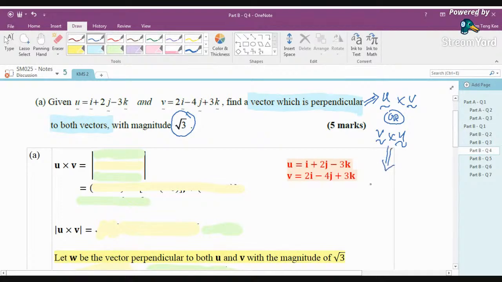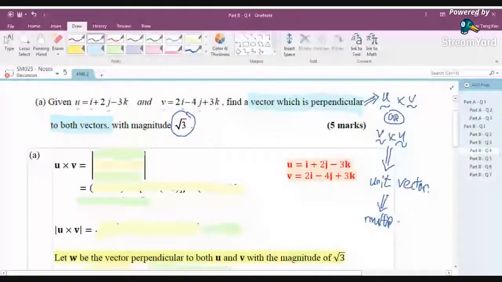Then we find the corresponding unit vector. I want to consider the unit vector because a unit vector always has a magnitude of 1. Then we multiply this unit vector with the scalar square root of 3. That will be the result we have.